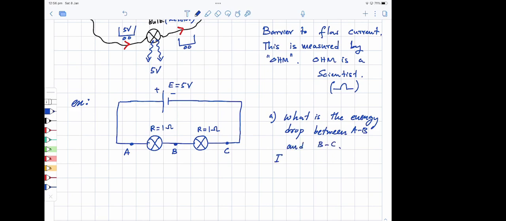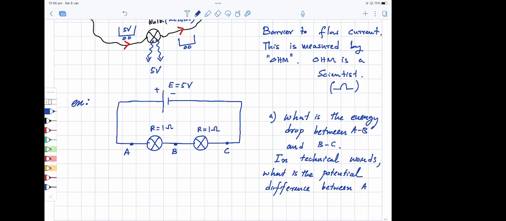In other words, in technical words, I'm giving you technical words because they are coming in the exam. What is the potential difference between AB and BC?